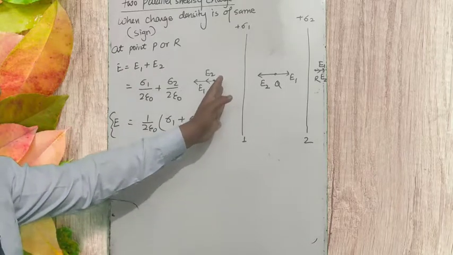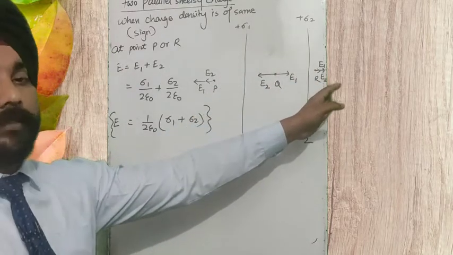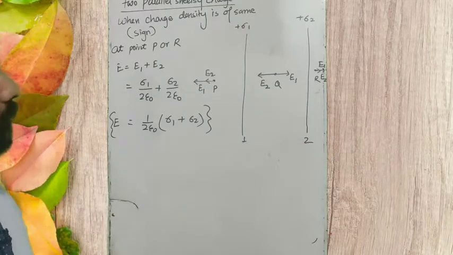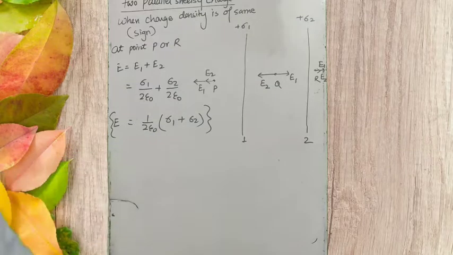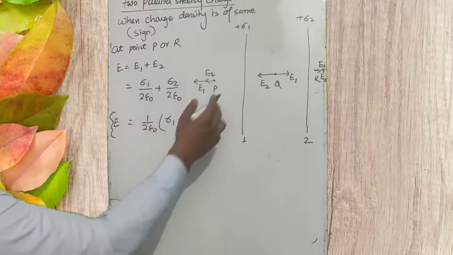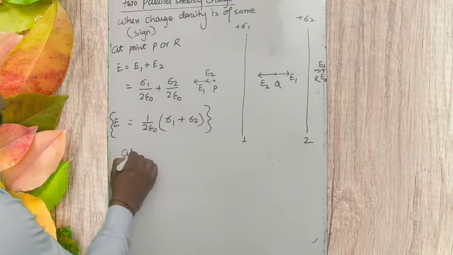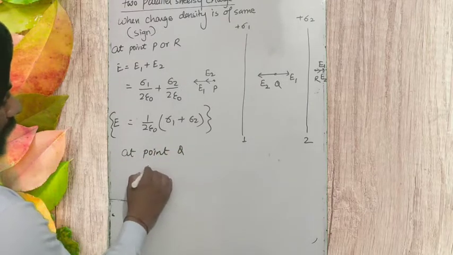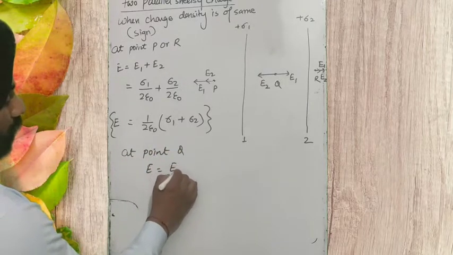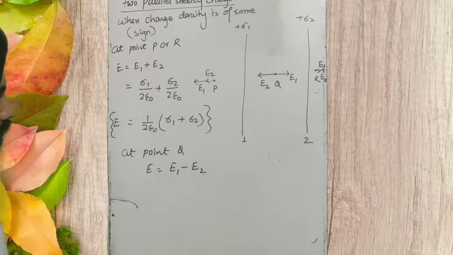we are finding the electric field at the extreme left and extreme right, outside of the sheets, and one point lying between the two sheets. And for point Q we are going to calculate now. At point Q, the net electric field E will be equal to E1 minus E2.